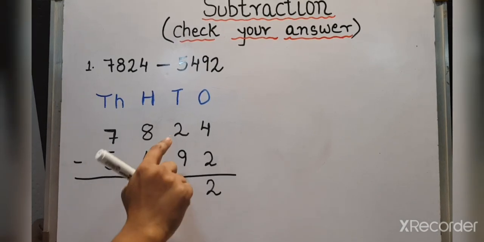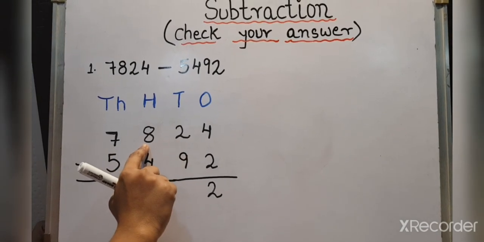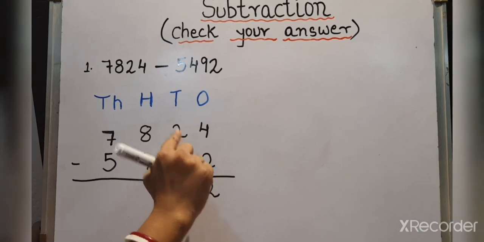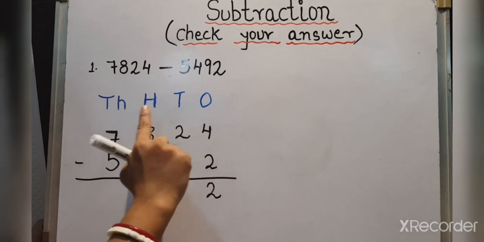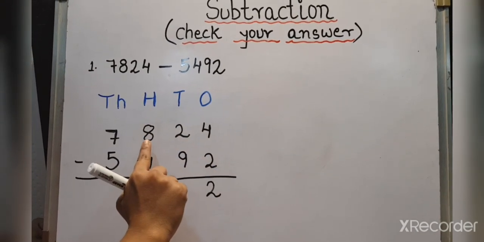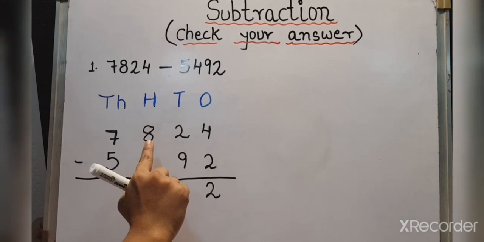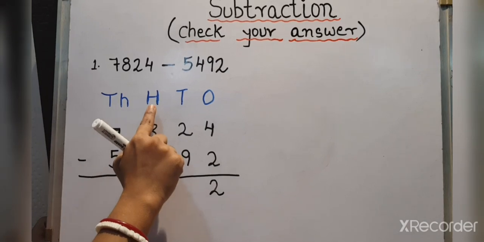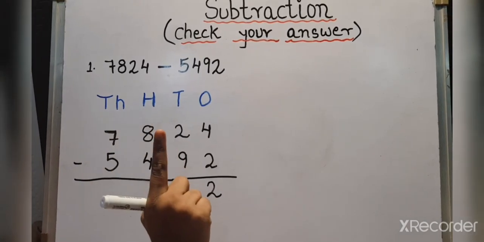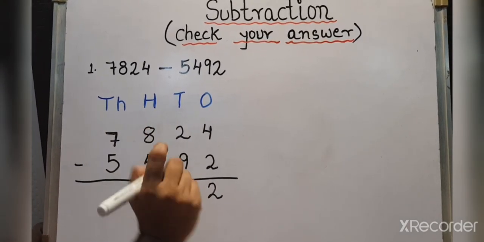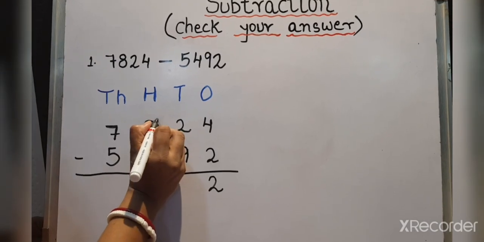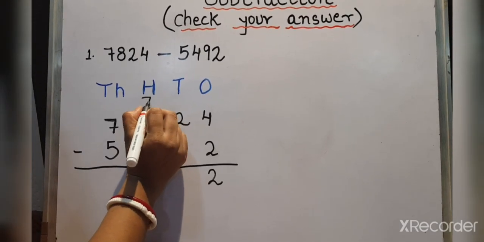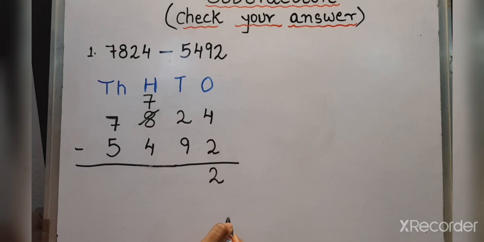That means we have to borrow from our friend. Okay, so the 2 in the tens place will go to the hundreds place. In the hundreds place we have 8. 8 will give, that is 800 will give 100. 8 minus 1 is 7. So we will cut 8 and we will write 7.